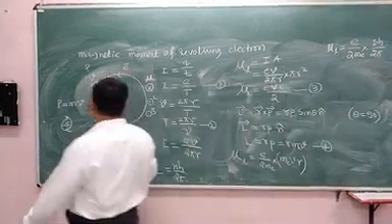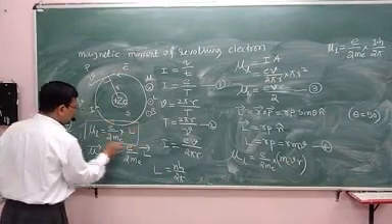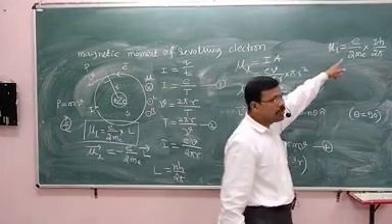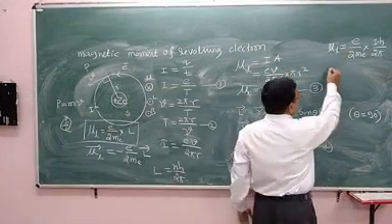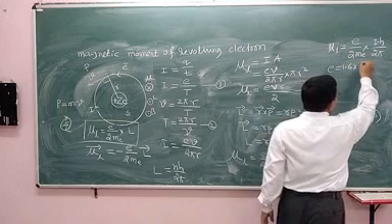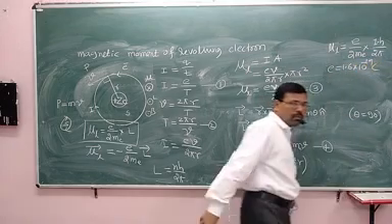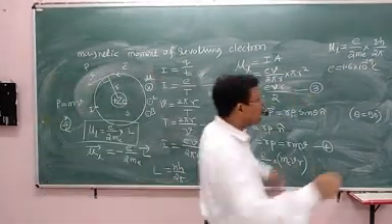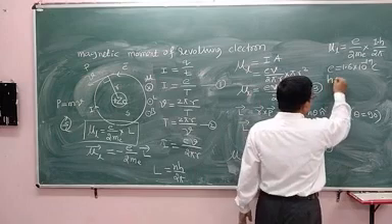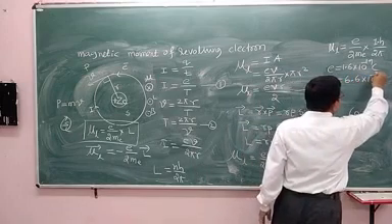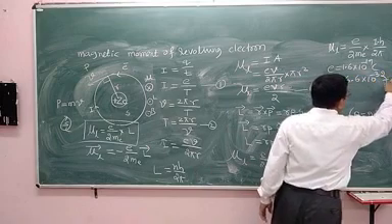I have used this equation. e is the charge of the electron, that is equal to 1.6 into 10 to the power of minus 19 coulomb. h is Planck's constant, that is approximately 6.6 into 10 raised to minus 34 joule second.